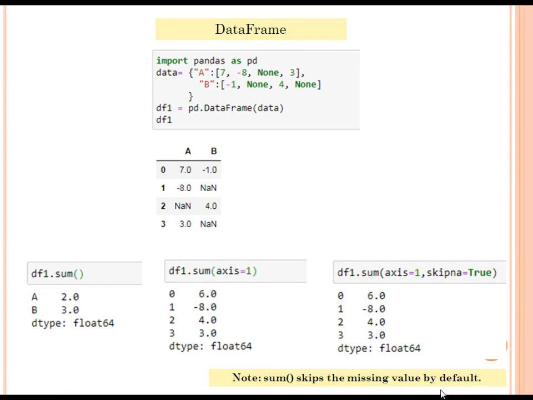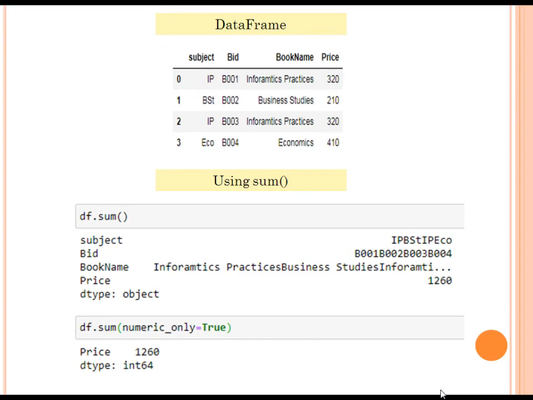But see the note here. I have written the note. Sum function skips the missing value by default. It skipped the missing value by default. Okay. So skipna is of no use here. But we have the different parameters here. Next is the data frame of books 1.